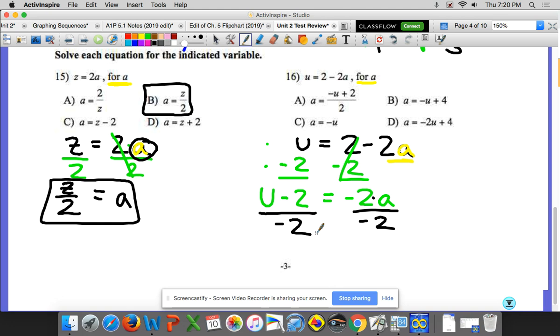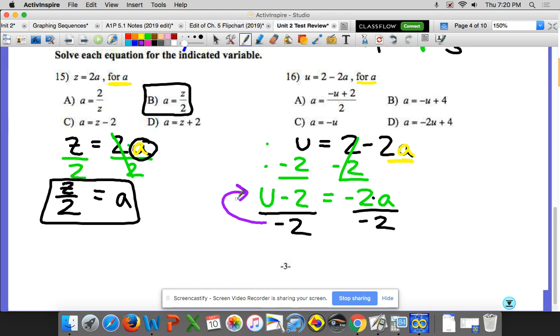Now, there is a rule for fractions, and that is you cannot have a negative in the denominator. So what that means is we are going to distribute that negative up here to the U and to the negative 2. If we recall from earlier when we were distributing a negative, all it's really going to do is flip the sign.